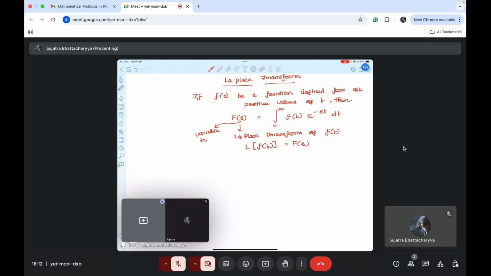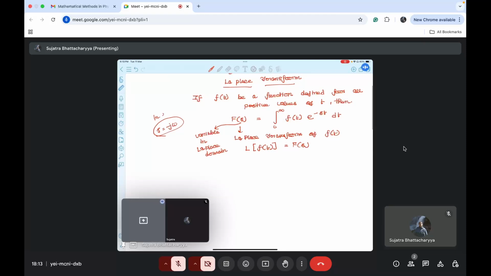in the Laplace domain. Generally, in electronics, when we use this Laplace domain, S is defined as S equal to minus iota omega or something like that, where omega is the angular frequency in electronics.